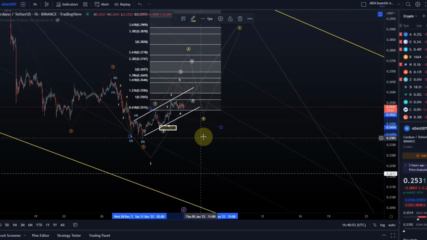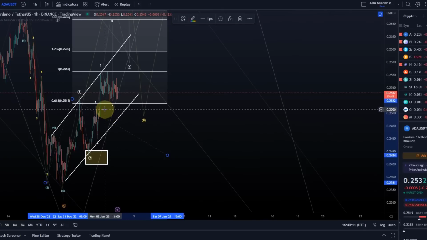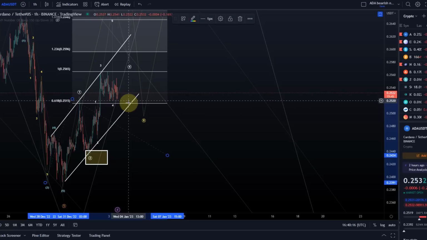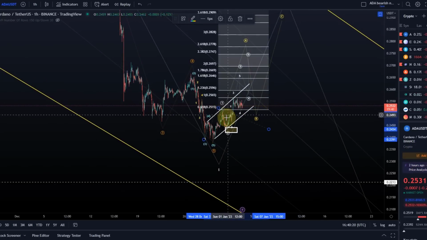So we haven't reached that yet. We're currently holding support. We're currently avoiding an overlap with wave 1 there. You can see that wave 1 is at around 25.06 cents, and the wave 4 low is currently 25.2. So we're currently avoiding an overlap, which is good. But the wave 3 here, the micro wave 3, was also a little short for me.